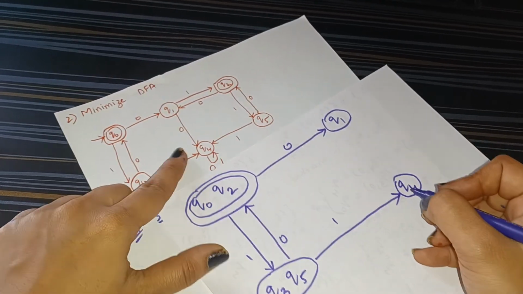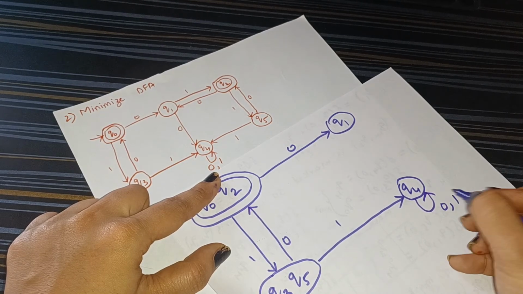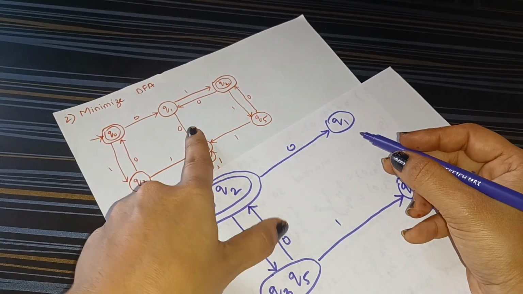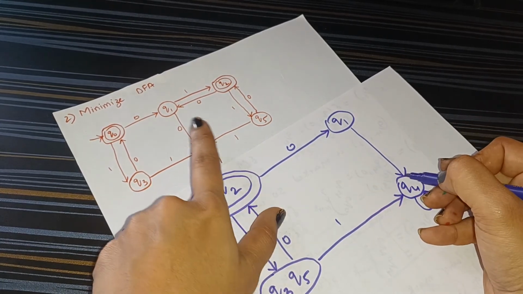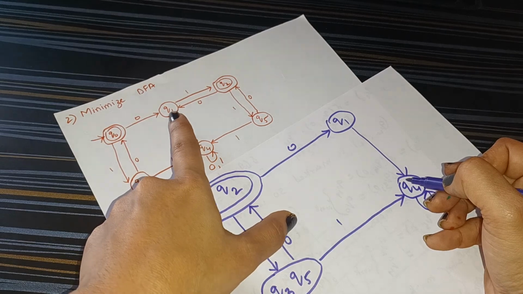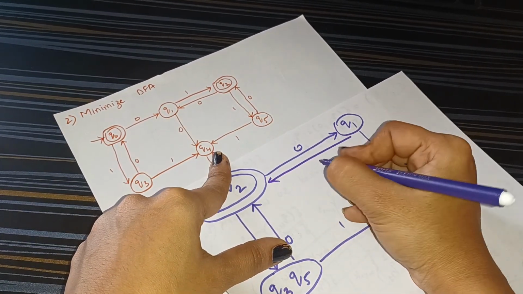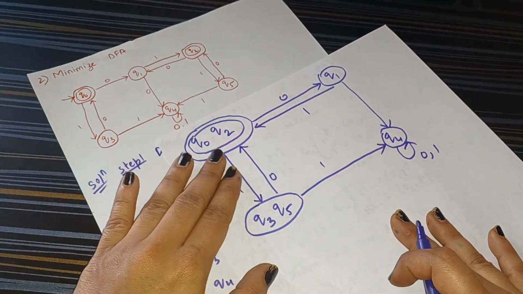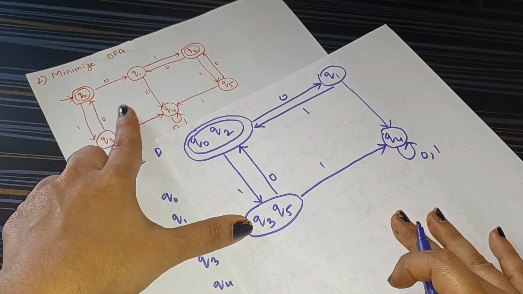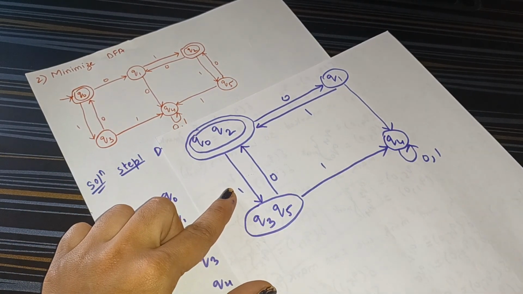Q4 on 0 and 1 it is going to itself. Q1 on 0 it is going to Q4. Q1 on 1 it is going to Q2. This is the final diagram we will be getting. This is the minimized diagram for this DFA, minimized DFA. I hope you understood. Thank you.